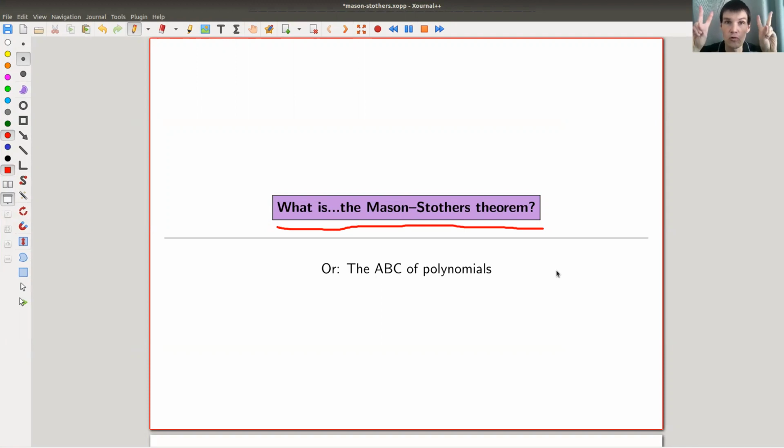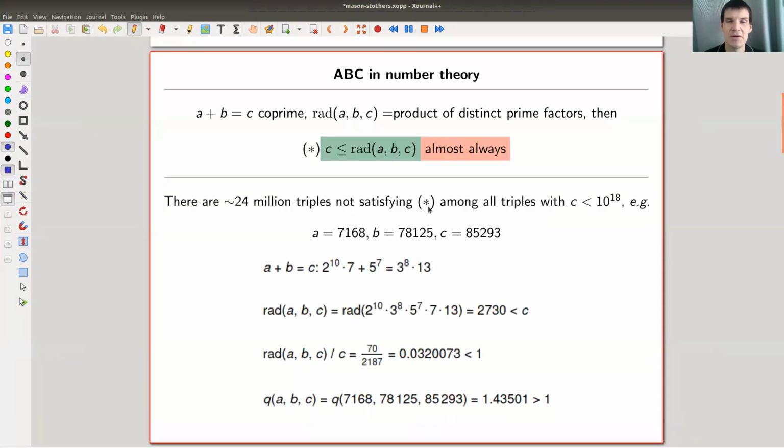There are fewer coincidences within polynomials. So the subtitle today is the ABC of polynomials, and we will see what that actually means right now, because there will be a polynomial version of this ABC in number theory that we see right here.